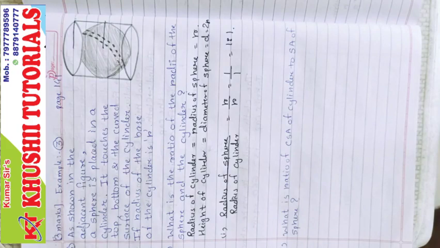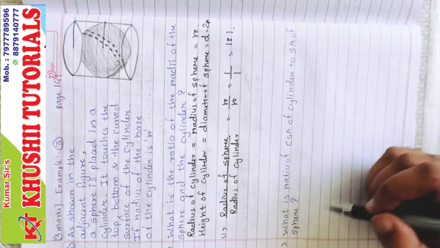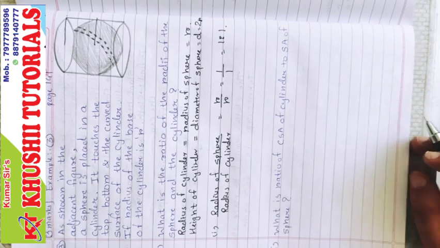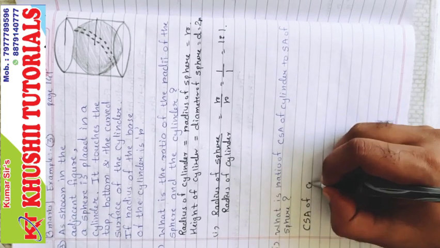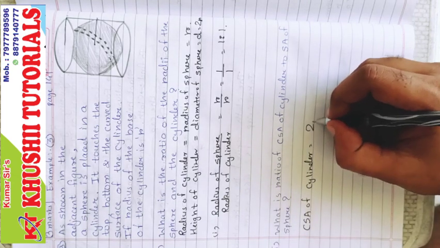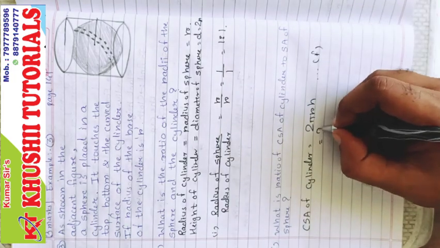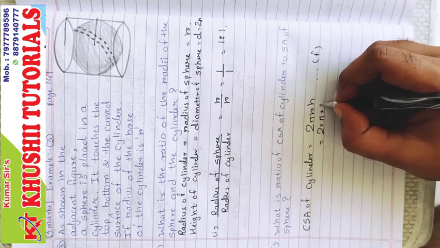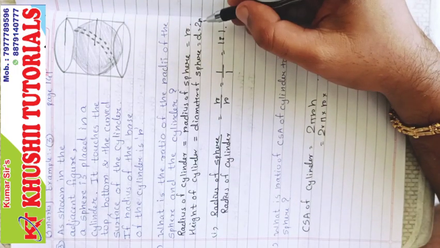1:1 is the answer. The next is second, what is the ratio of CSA of cylinder to CSA of sphere? For that, CSA of cylinder equal to 2 pi RH, and that is formula. 2 pi r is also same, but height is double of radius.